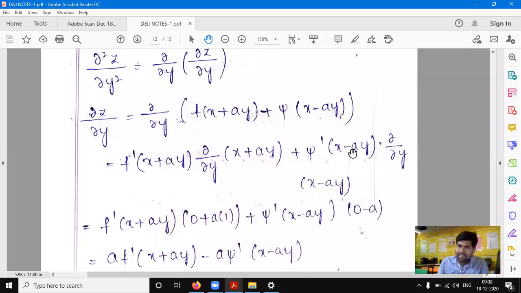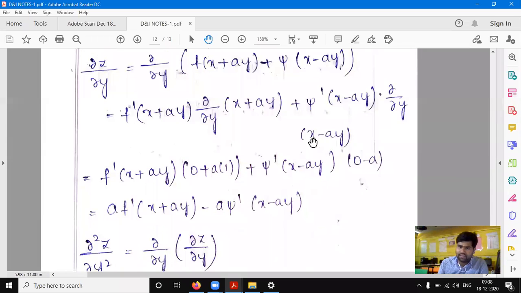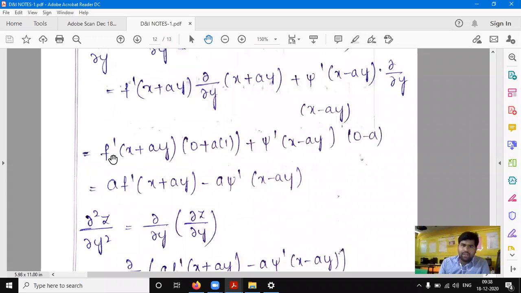So it is f dash of x plus ay times: differentiation with respect to y, x gives 0, plus the differentiation of ay is a times 1, because a is constant and ∂y/∂y is 1.